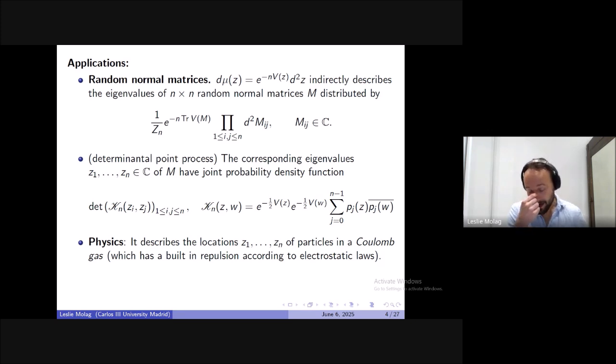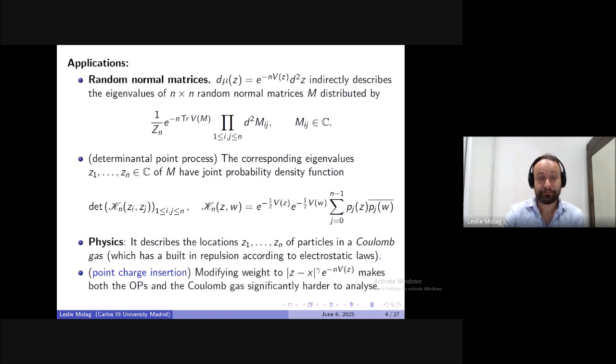And one thing that we will be interested in this talk is what we call a point charge insertion. It turns out if you want to add a point charge to this Coulomb gas, that corresponds to adding a factor |z - x| to the power gamma in front of our weight, in front of our measure.